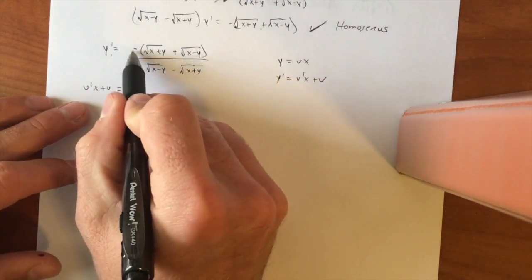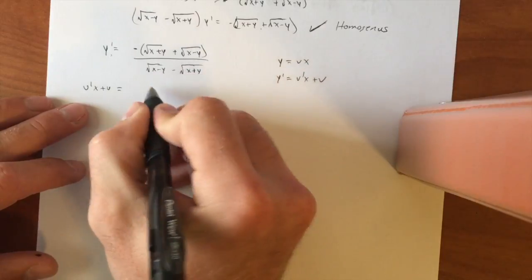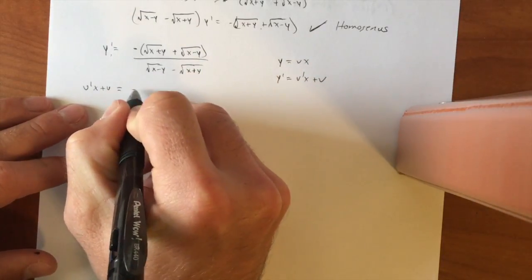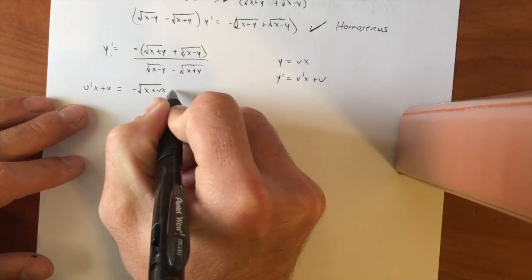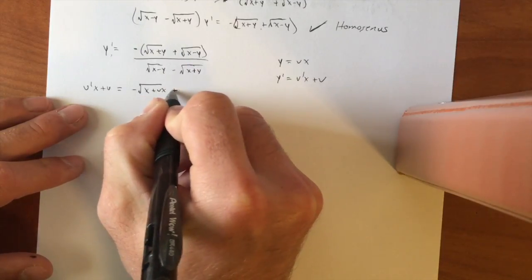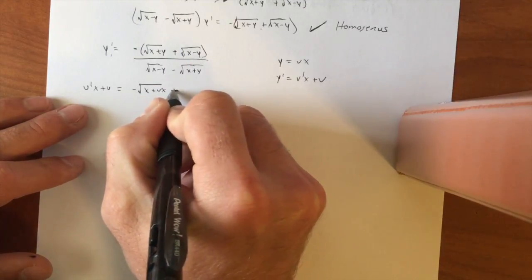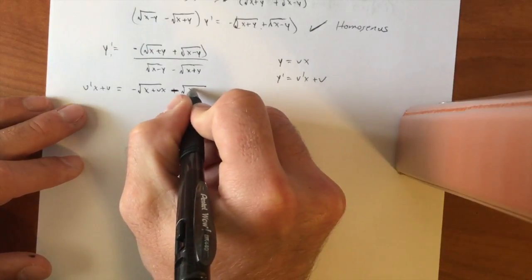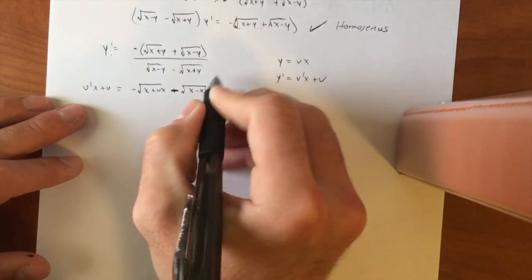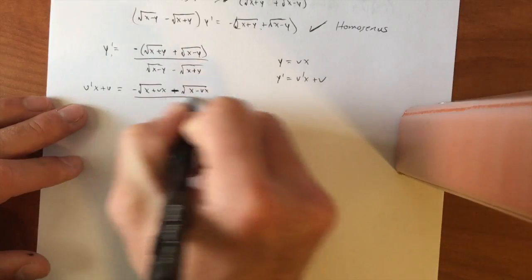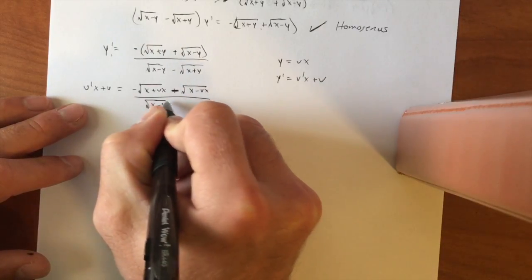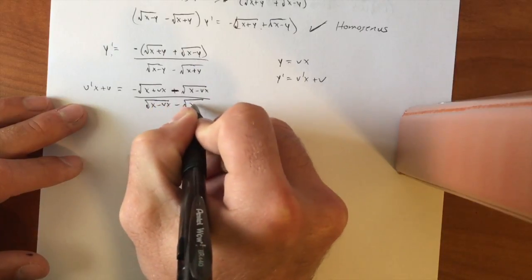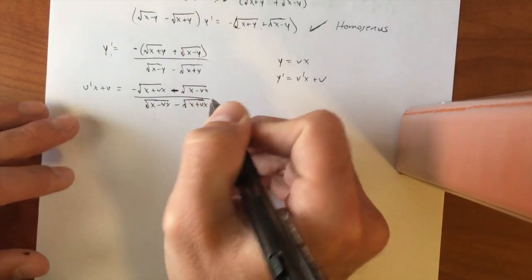At the same time, I'm also going to distribute this negative, just to save us one step. So we'll have a negative square root of x plus vx minus the square root of x minus vx, over square root of x minus vx minus square root of x plus vx.